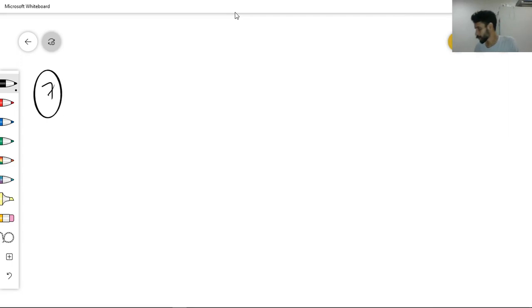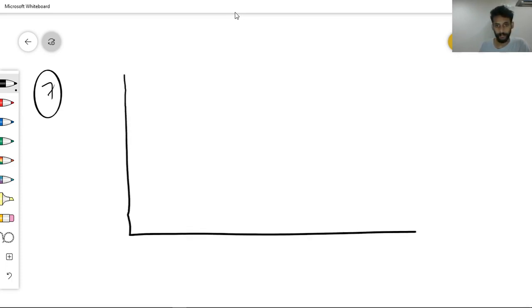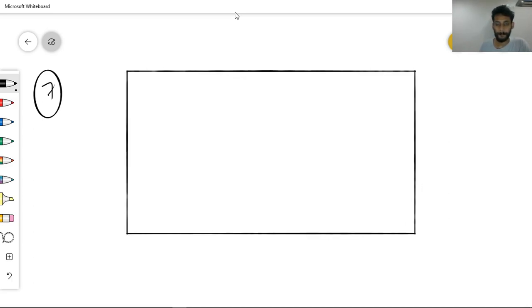Now 7, here you have to make a frequency distribution table using the class mark. So let us divide it into 3 parts.